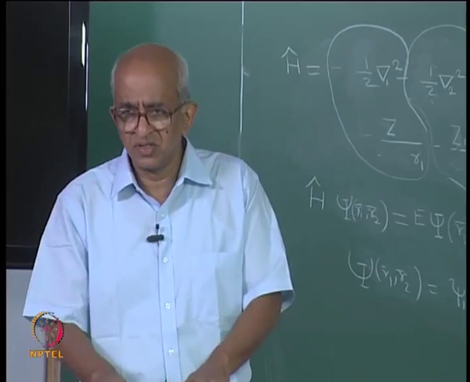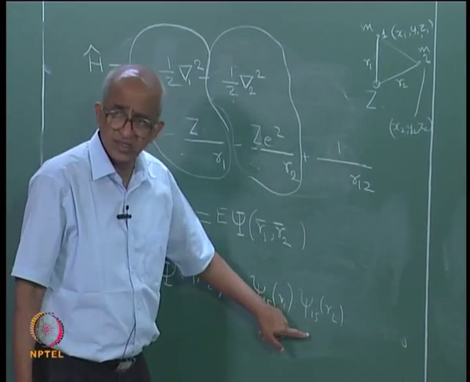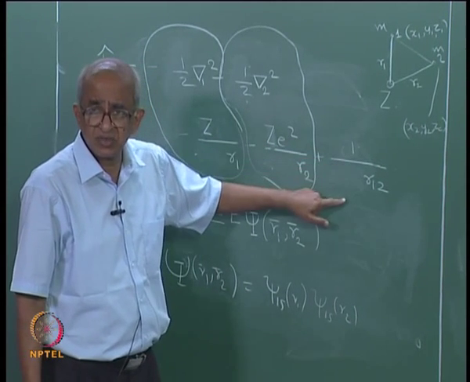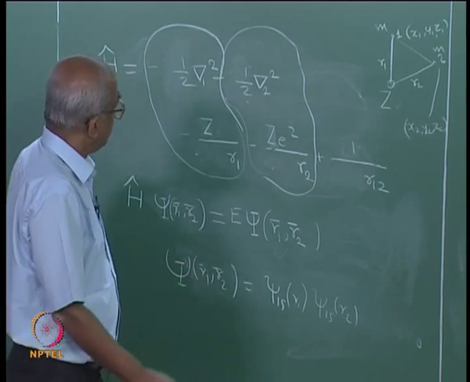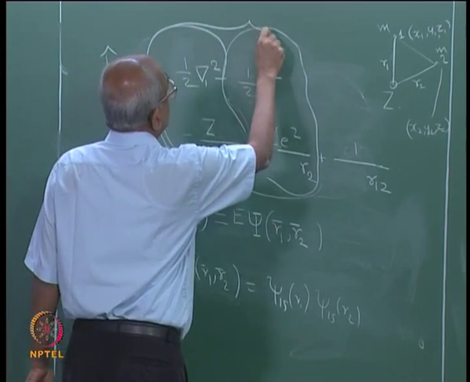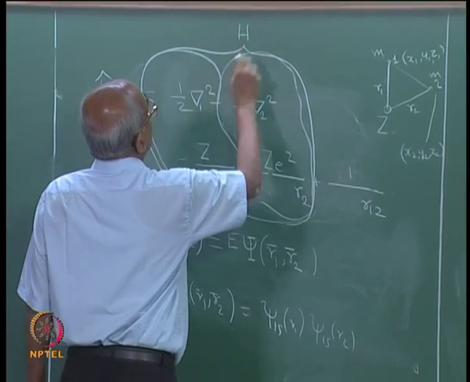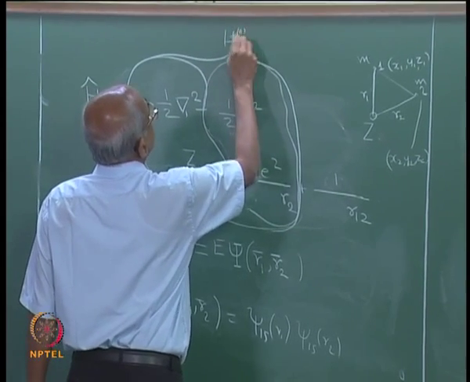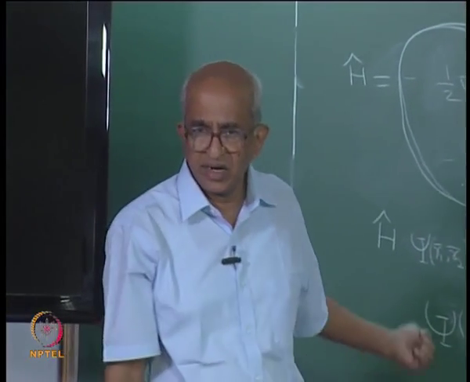This is the ground state of the system, but this is not the exact wave function. Why is it not the exact wave function? The reason is that I have decided to neglect this 1 by R12. If I did not neglect it, this would be the exact wave function. So, therefore, I can now say that this is my H0, the unperturbed Hamiltonian, and then I have a perturbation added to the Hamiltonian.